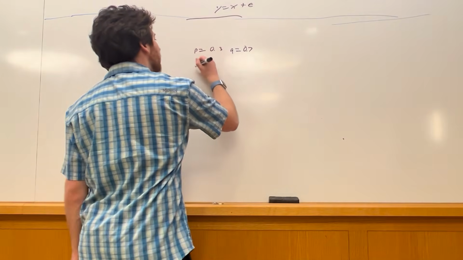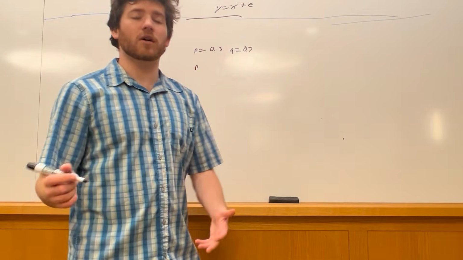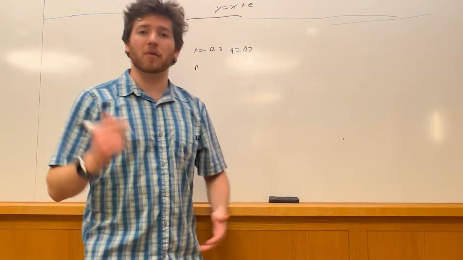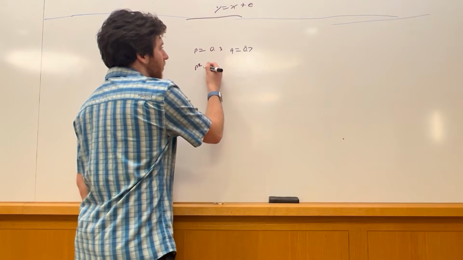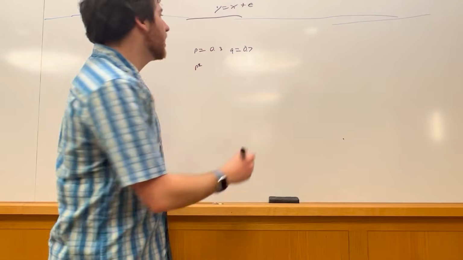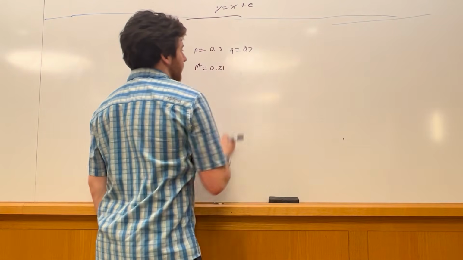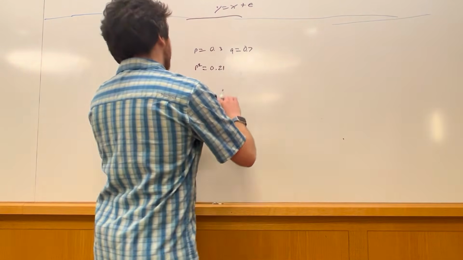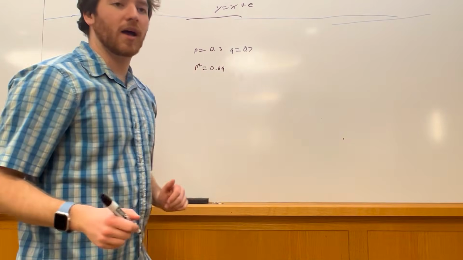Well, in the proportion of diploids, where humans have 2 copies of our genome, one from our mom, one from our dad, the number homozygous for P, P squared, is going to be 0.09, and hopefully that's obvious, just some simple math.